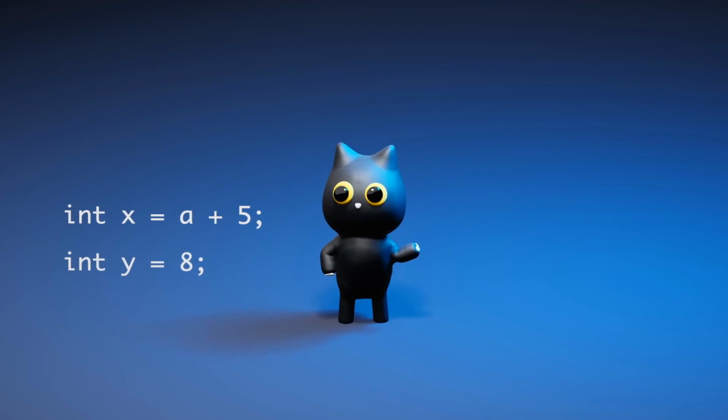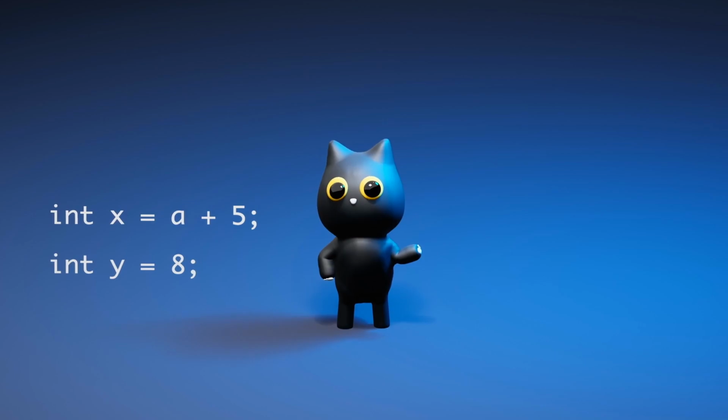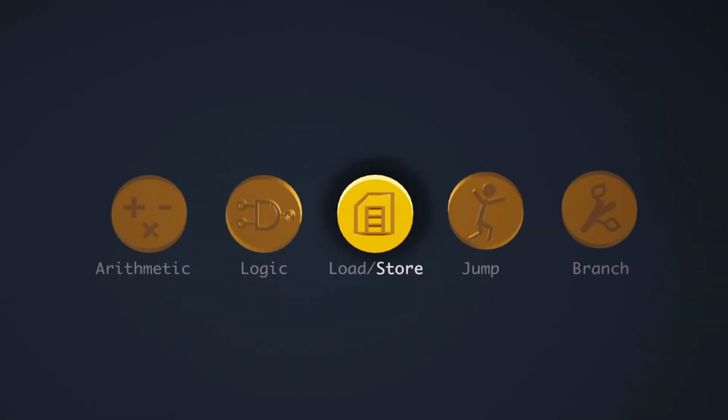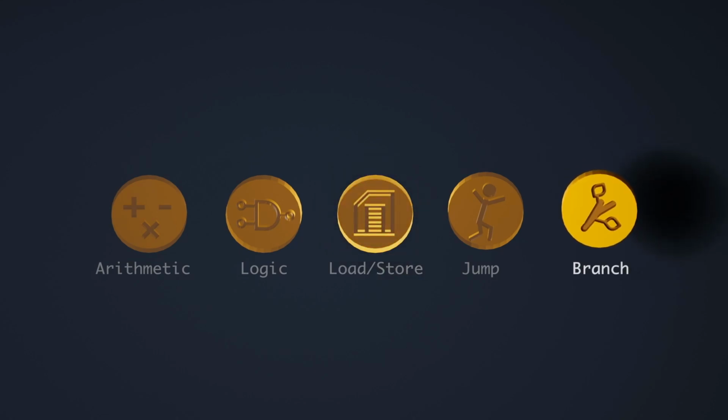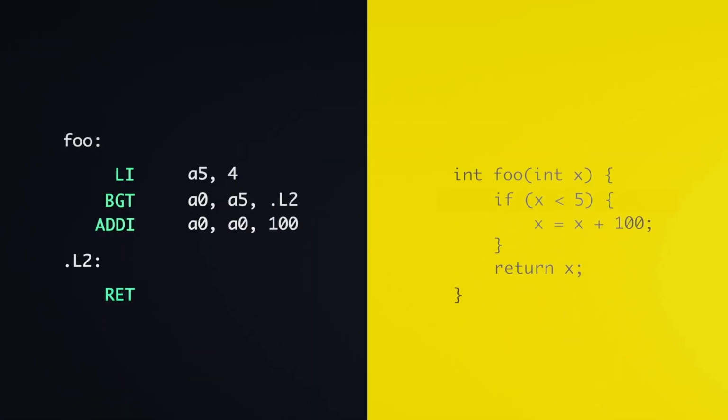Now that we have seen how to translate mathematical operations and assignments, let's look at the more complicated things like if statements and functions. Branching allows us to do conditional skips on instructions, allowing us to do things like if statements. Here we have an if statement that checks if x is less than 5. If so, it increments the value of x by 100. Looking at the machine instructions, we see a peculiar load immediate instruction where 4 is loaded to register A5.